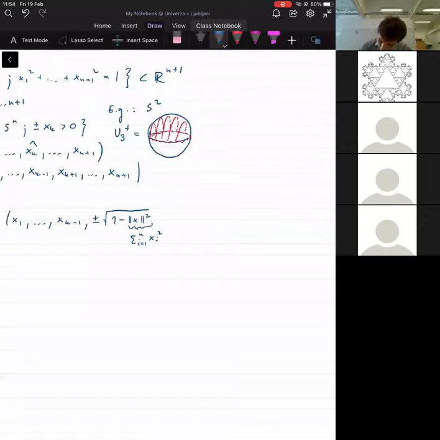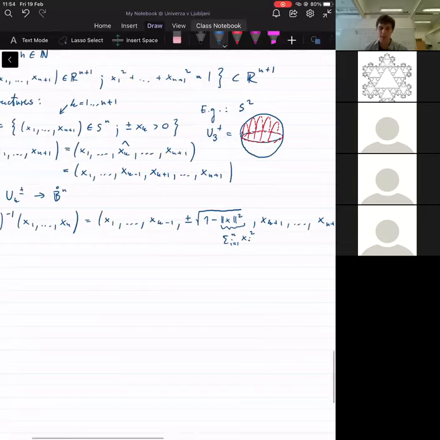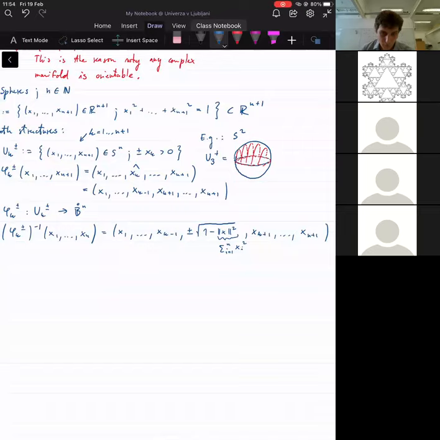And then furthermore, we have x_k and so on up to x_n. So this is its inverse, and obviously it would just be x_n, because we don't have x_(n+1), of course.